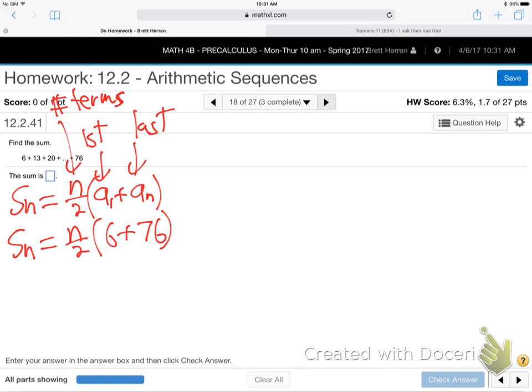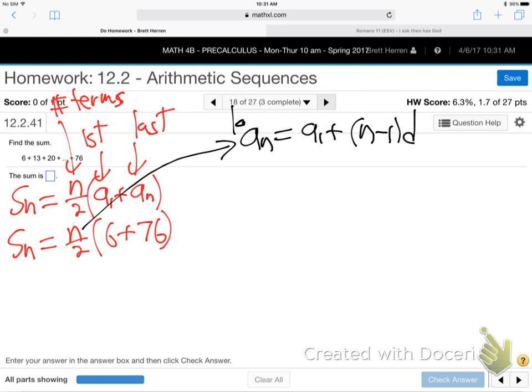Good to there so far? Good, good, good. Now I got to get n. So how am I going to get n, the number of terms? Go over there and use the A sub n, which is A1 plus n minus 1 times d.